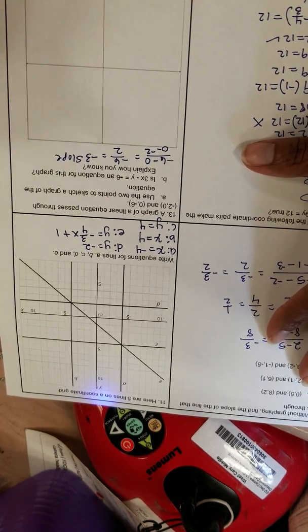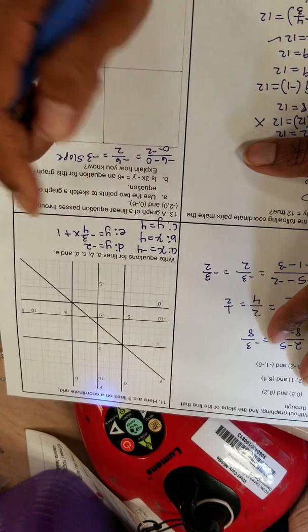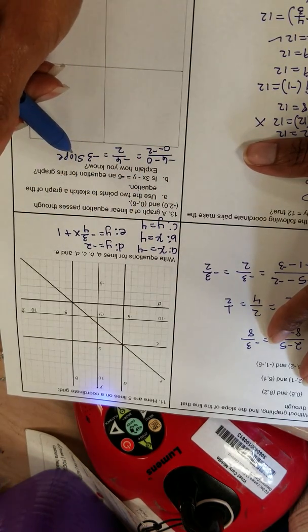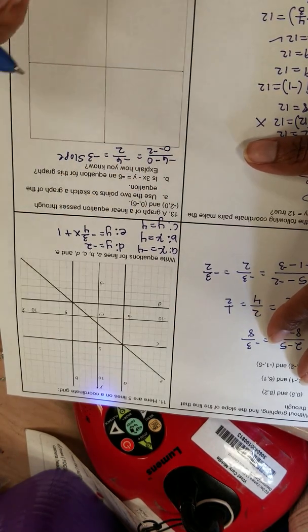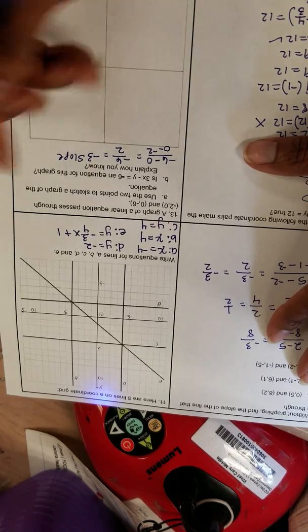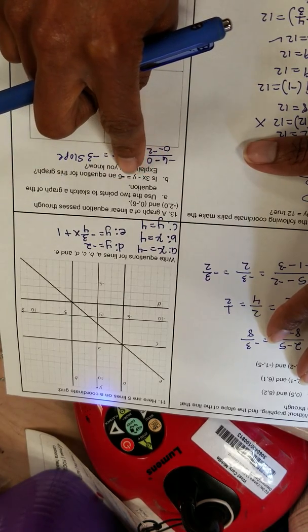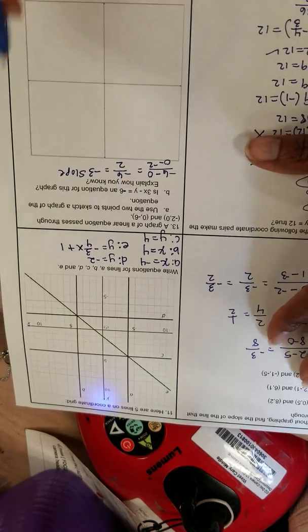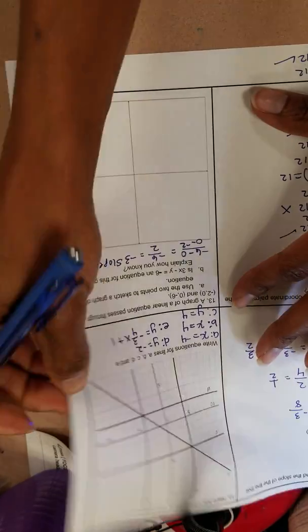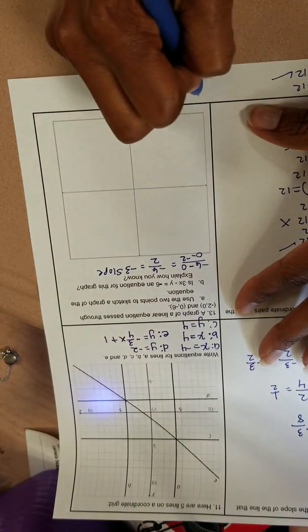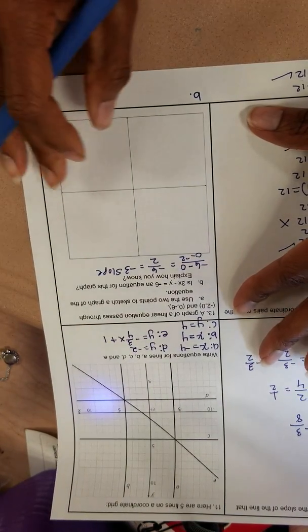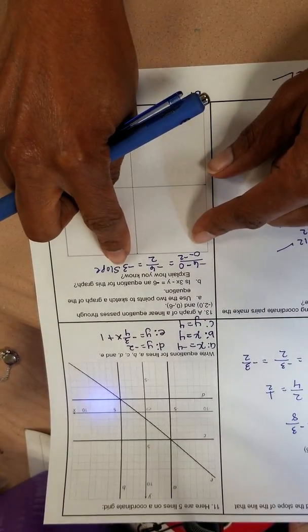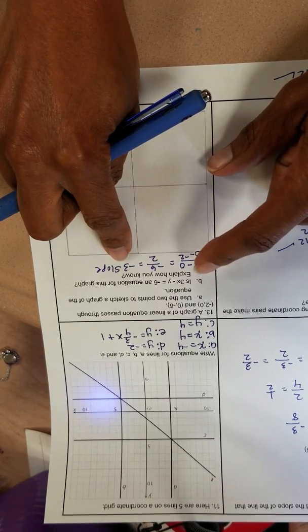So we could start at either of these 2 points and then graph more points with our slope, okay? Then it says, is 3x minus y equal to negative 6 an equation for this graph? Explain how you know. So I'm going to put B's answer down here. And you could graph to see if they're the same, but we don't need to, because our slope here is negative 3.